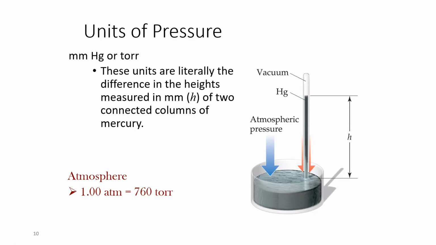But there are what's known as torr. And then torr is also going to be just the same thing as a millimeter of mercury. And with this atmosphere unit first, before we look at the column here on the right, the atmosphere is essentially just thinking, if we were at sea level, then you'd have one full atmosphere of air above you. So the amount of pressure pushing down on you would be one atmosphere.